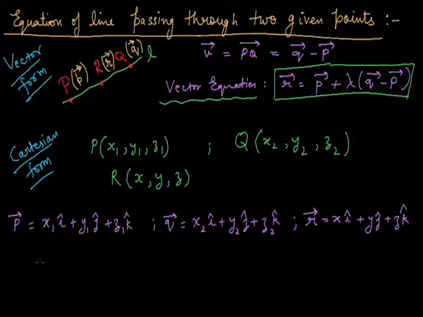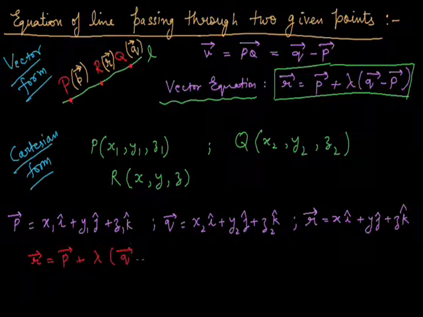Now from the vector equation we have that R vector is equal to P vector plus lambda times Q vector minus P vector. Now we will substitute the values of P, Q and R vector over here.